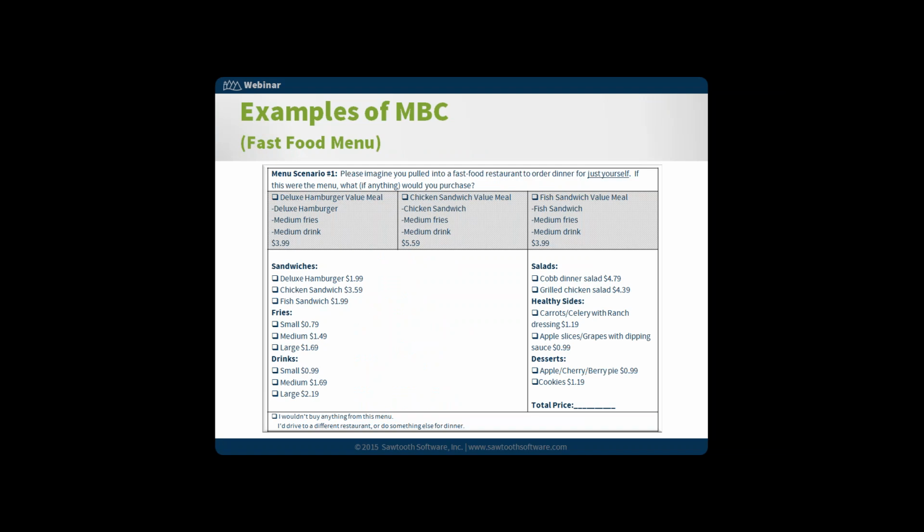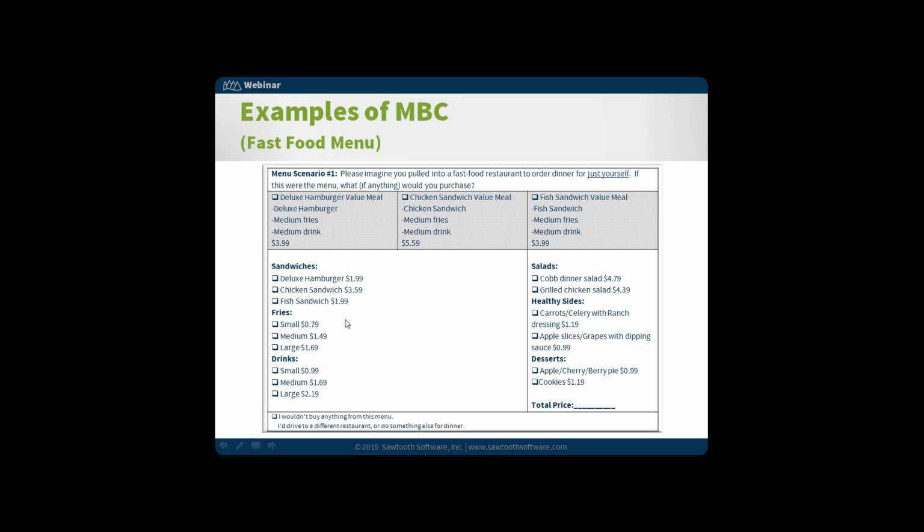Here's a little bit more complex one involving something like a restaurant. For example, you can have some bundles on the top. If you buy the bundle, you'll get the hamburger, the fries, and the drink together. And that total price represents a discount over buying the hamburger, the fries, and the drink a la carte. But the buyer, the respondent, can look at this menu and decide whether they want to pick one of the bundled options or construct what they want to do in terms of the a la carte.